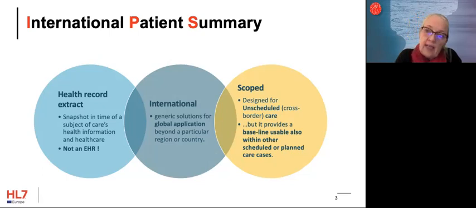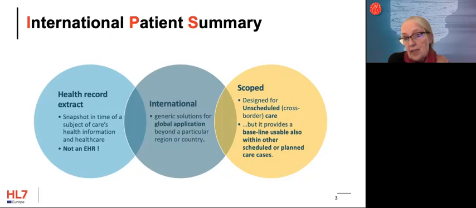So we have taken and are working with the International Patient Summary, which is a health record extract that gives you key information extracted from the electronic health record.